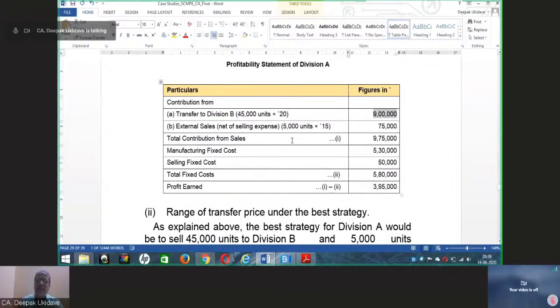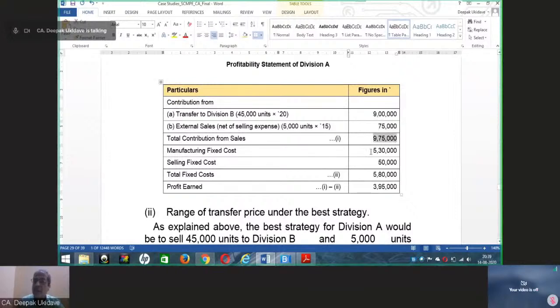And external sales, you are making 5,000 units, making a contribution of 15 rupees. This 20 rupees and 15 rupees we calculated above in our table of contribution, where 4 situations were discussed. From there this 20 and 15 is picked up. So you make a contribution of 75,000 from external sales, and internal transfer makes a contribution of 9 lakh. So total contribution is 9,75,000.